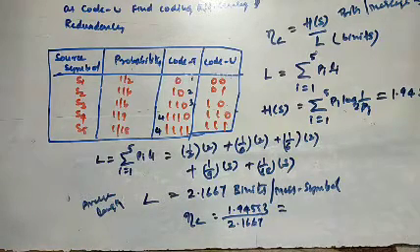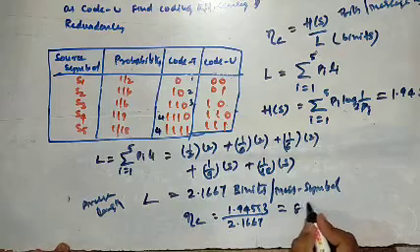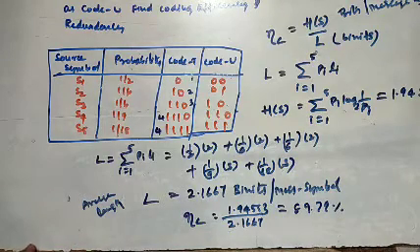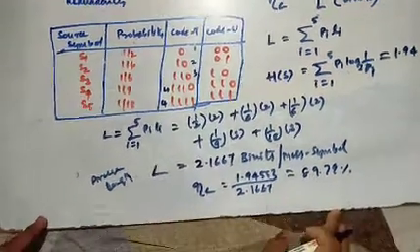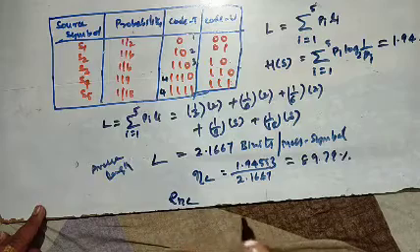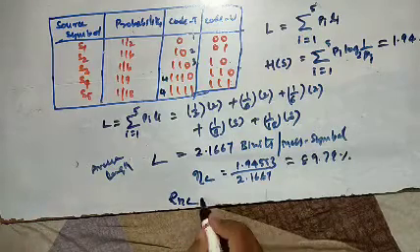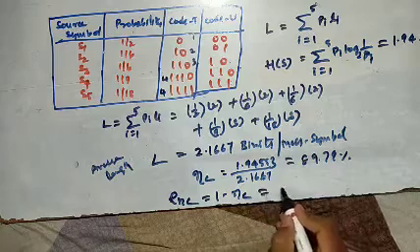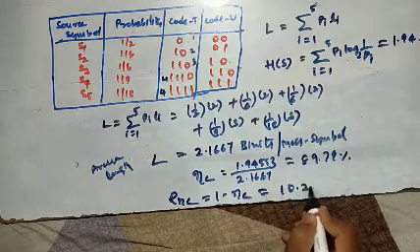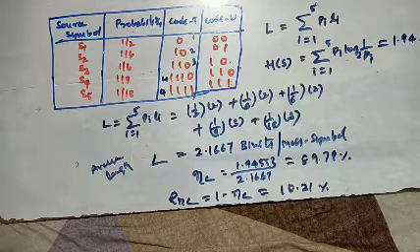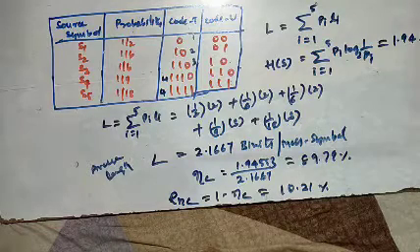And the answer for this is 89.79%. Similarly, redundancy is denoted by R eta C. That is nothing but 1 minus eta C. This is nothing but 10.21 percentage. We will discuss further in the next class.